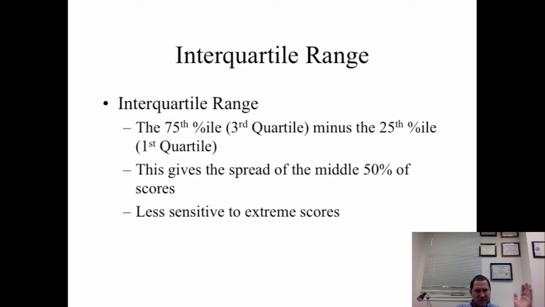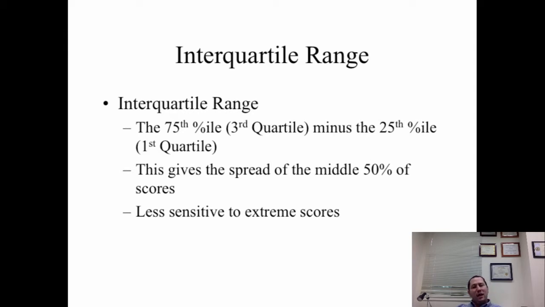We figure out the 75th percentile and subtract the 25th percentile from it, and that gives you a nice spread of the middle 50% of scores, right? How can I prove to you that that's your middle 50%? What's 75 minus 25? So that's the percent in the middle, 50.